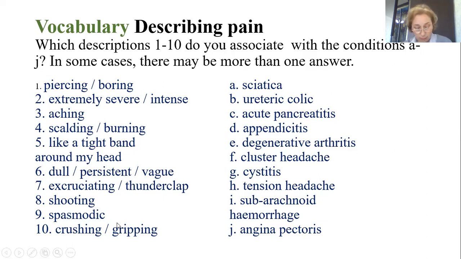Spasmodic pain, yes, in cystitis or ureteric colic. And crushing, gripping. This is the end of everything, crushing pain. So this is about angina pectoris.